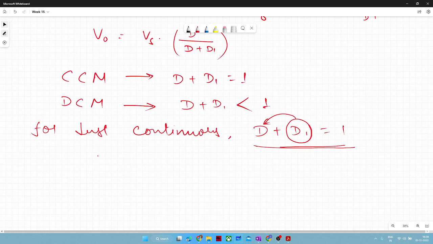So for that purpose, we will take again the help of inductor current because we are talking about discontinuity. We are talking about your inductor current discontinuity. So we will take the help of inductor current.